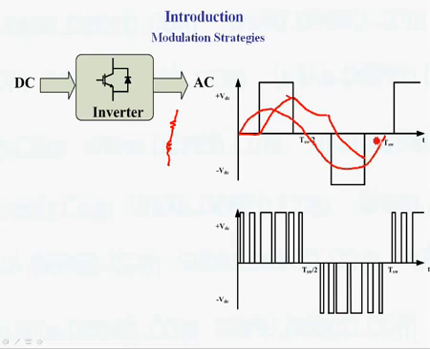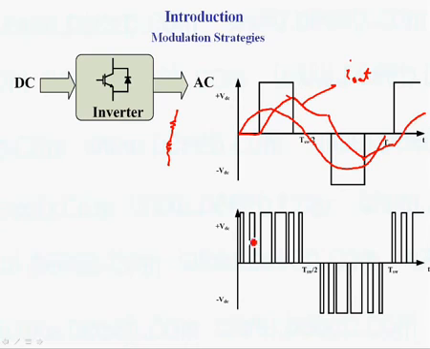So here, because the output voltage is zero, the current is decreased and then increased. So this is the current waveform. Approximately we can draw the output current.